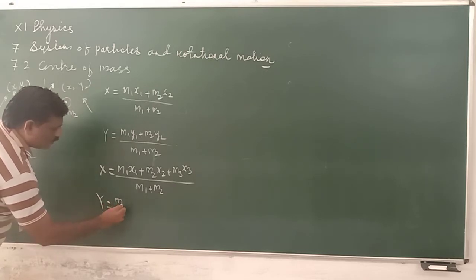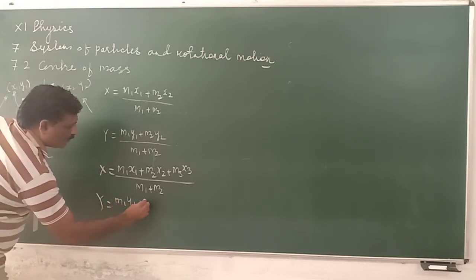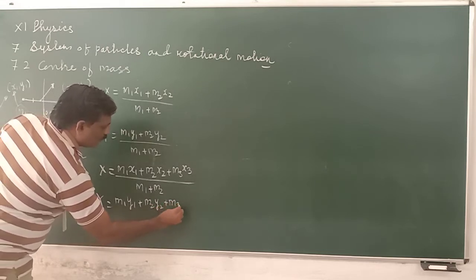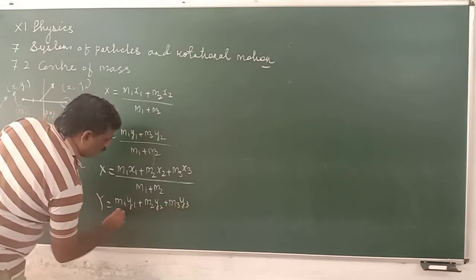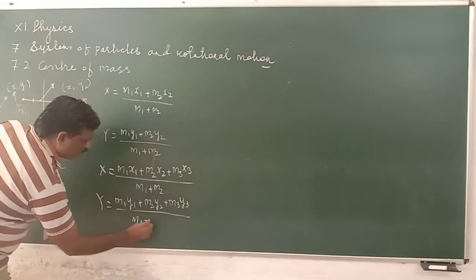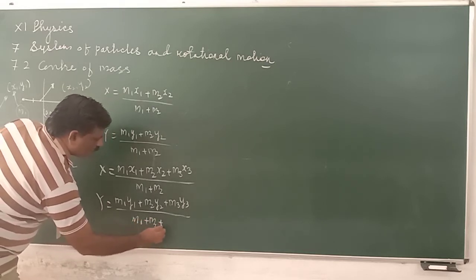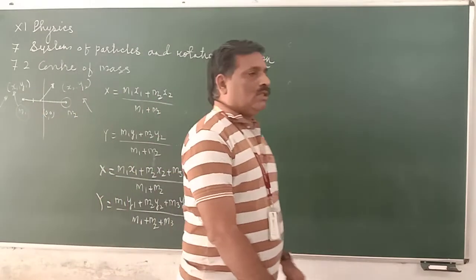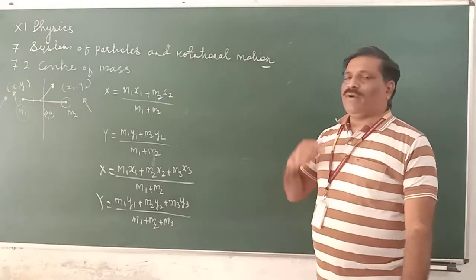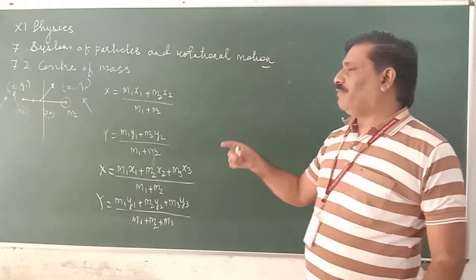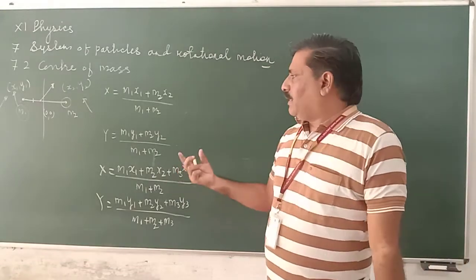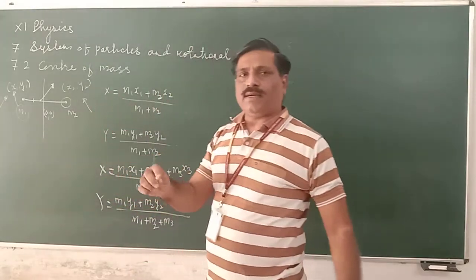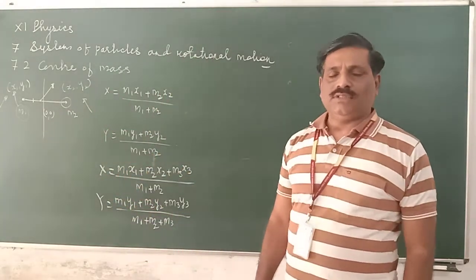Y is m1 y1 plus m2 y2 plus m3 y3 divided by m1 plus m2 plus m3. So we keep on adding one mass at a time; three are converted into a single particle, then four also can be converted into a single particle system.